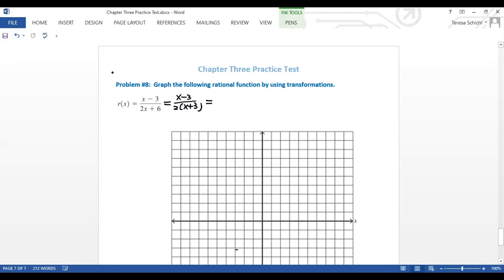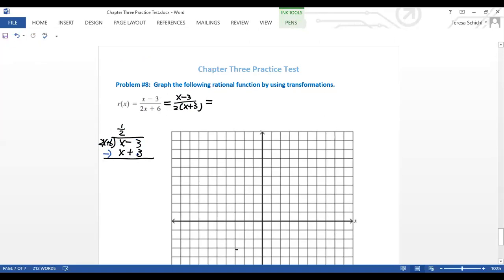Okay, so now let's use long division to see what we have here. So this is x minus 3, and this is 2x plus 6, right? So this one you need to match, so you do the 1/2. So 1/2 times 2x is x. 1/2 times 6 is what? Is 3, right? And don't forget, long division is what? Is minus.